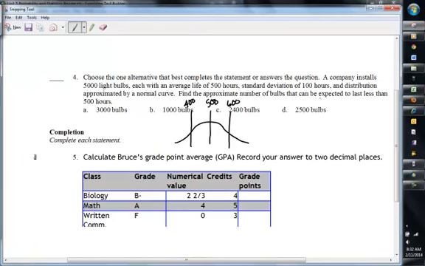Find the approximate number of bulbs that are expected to last less than 500 hours. Okay, so we want all of the light bulbs here that are less than 500 hours. Well, what proportion of our graph is that? This is half of our graph, 50%. What's 50% of 5,000? 2,500. Next one.